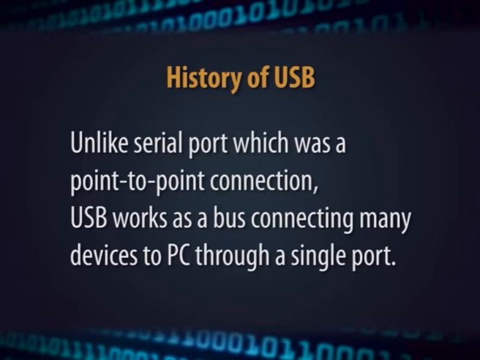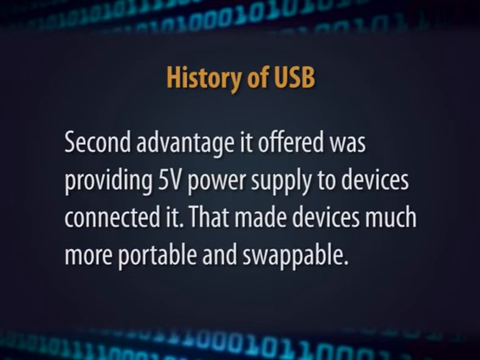Unlike serial port which was a point-to-point connection, USB works as a bus connecting many devices to PC through a single port. Second advantage it offered was providing 5-volt supply to devices connected to it. That made devices much more portable and swappable.